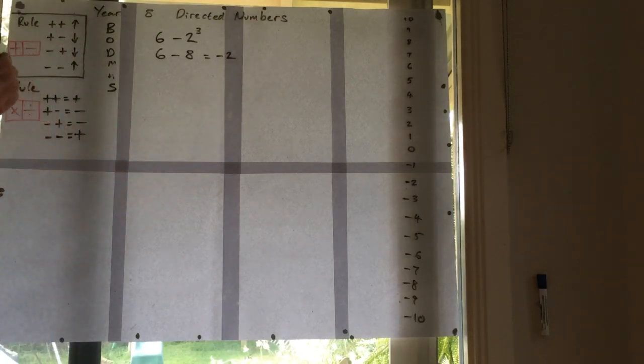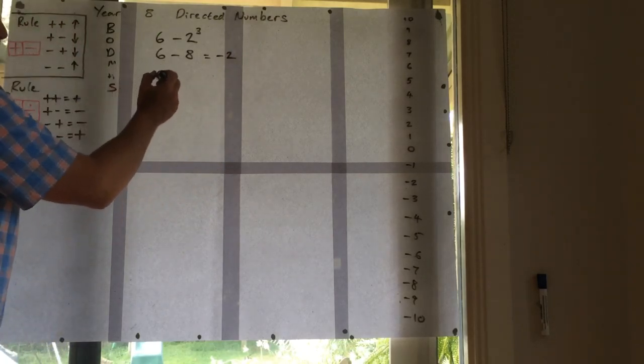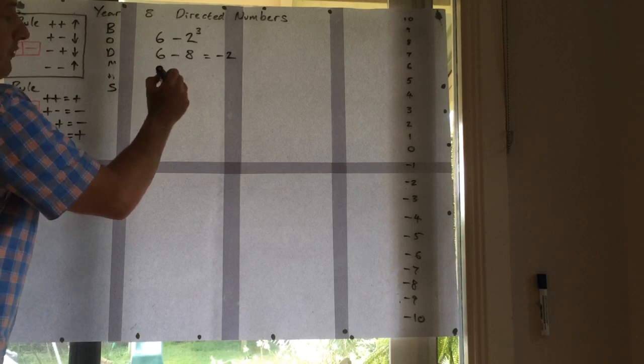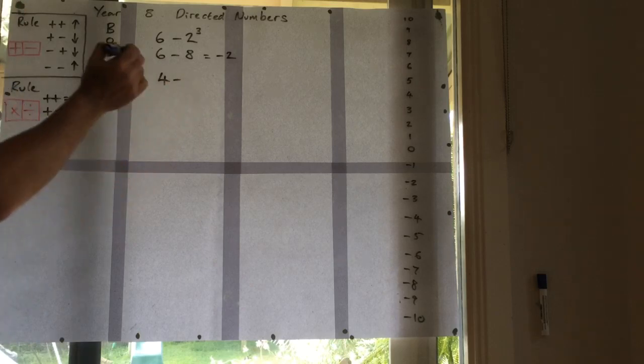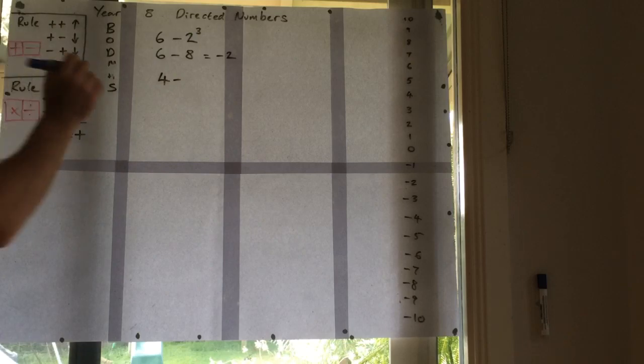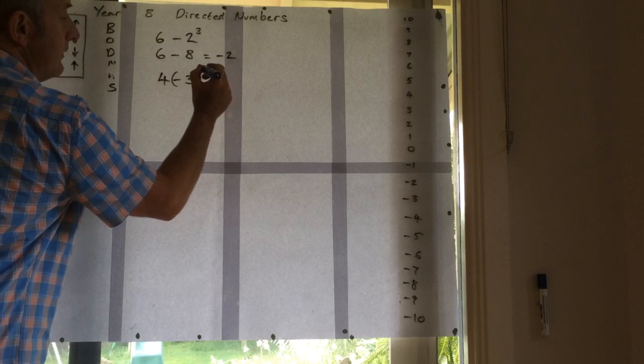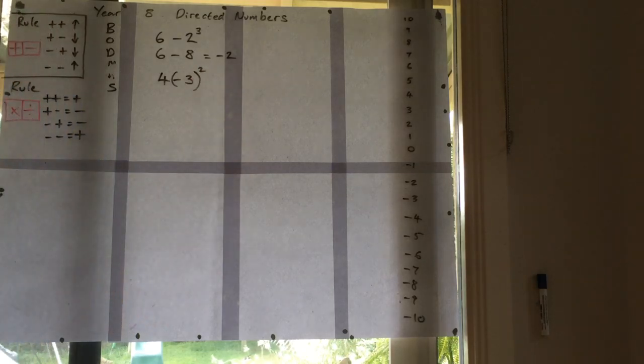Let's just try another one quickly. 4 minus 3 in brackets squared. Again, you're probably going to have to see my other video to answer this question.